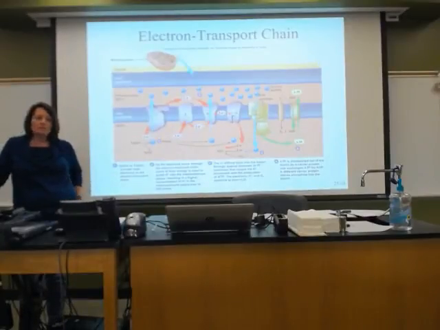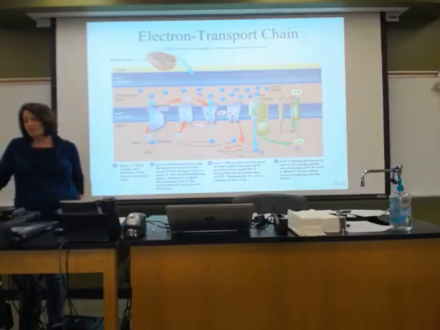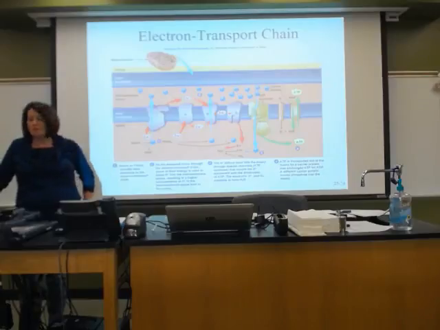That's where we need the oxygen for aerobic respiration. That final electron in the chain, oxygen attaches to it. As the hydrogens flow down the ATP synthase, we have now generated the ATP.